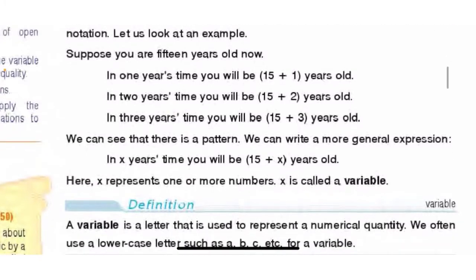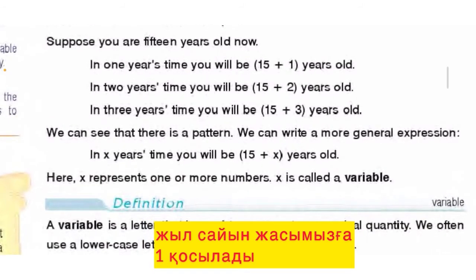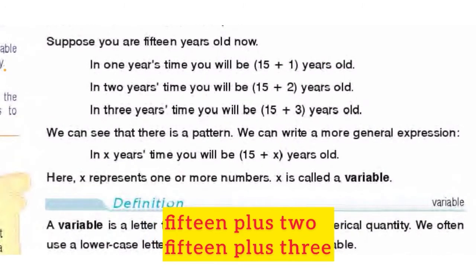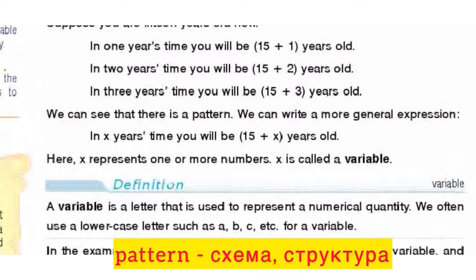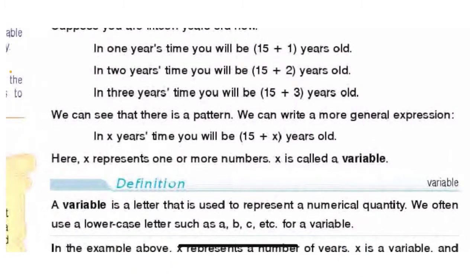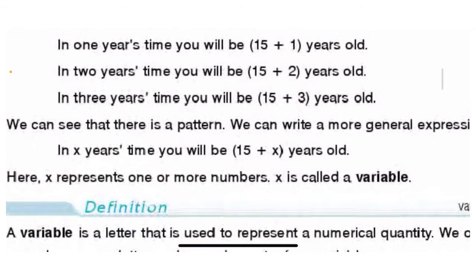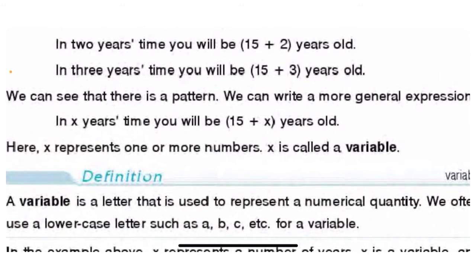In 1 year's time, we will be 15 plus 1. And in 2 years, we will be 15 plus 2, 15 plus 3. You see the pattern is changing, it's growing. There can be any number on x, so we can write it as 15 plus x years old. And x is called a variable here.